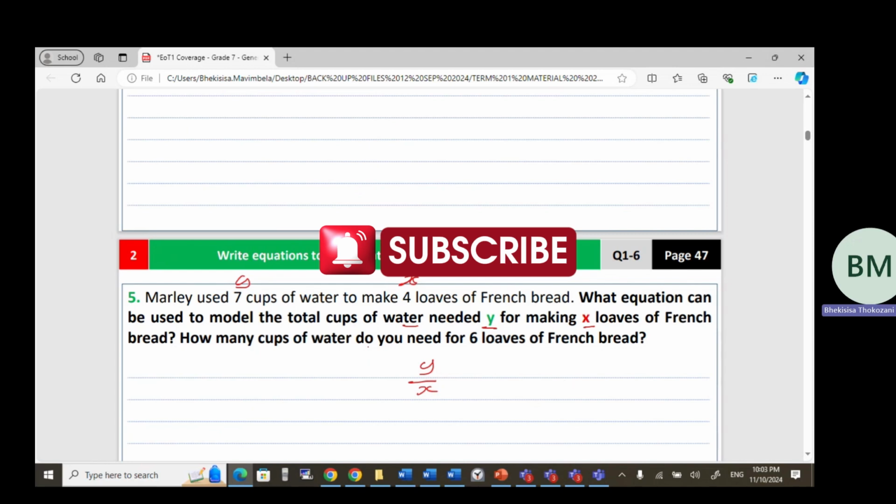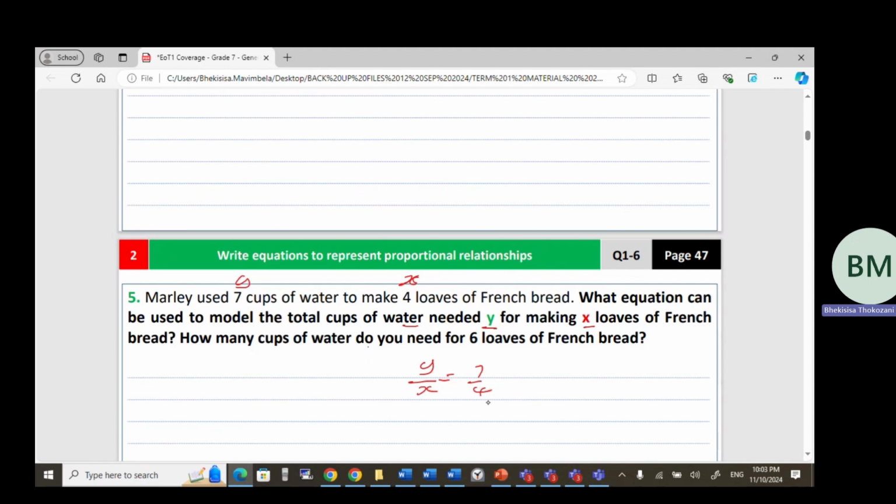So basically you'll have like 7 over, let me just quickly show you something here. So you'll have like 7 over 4. And once you have that, this now is your k, and then your k is 7 over 4.